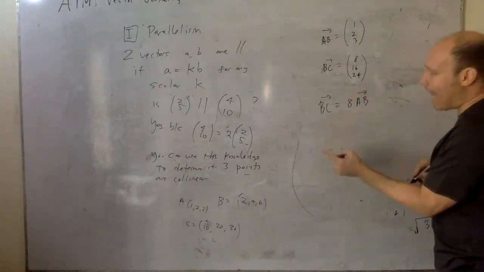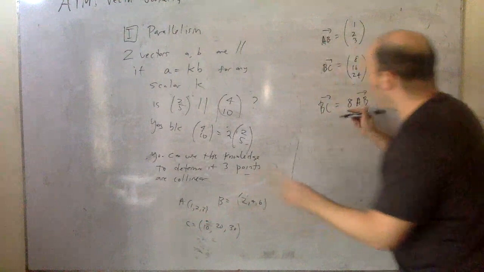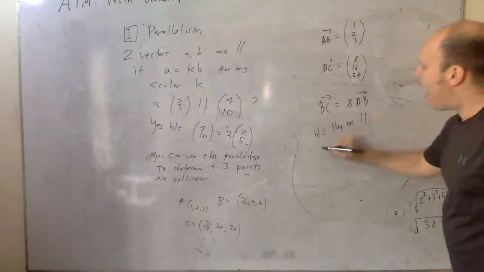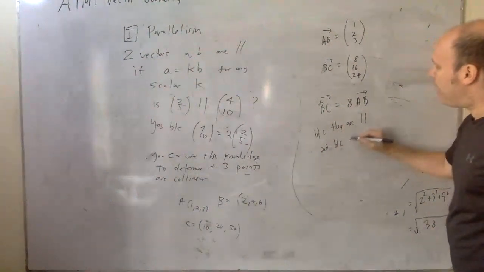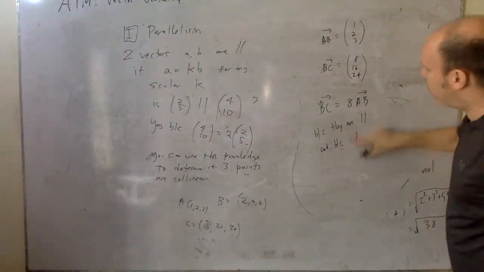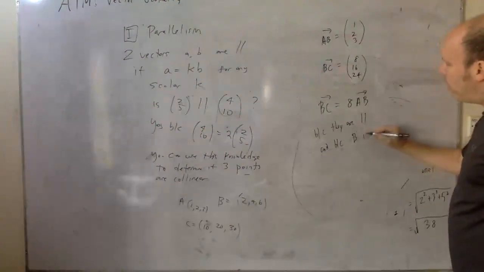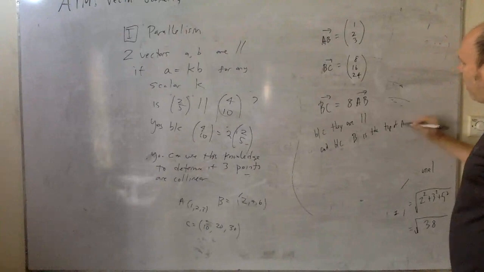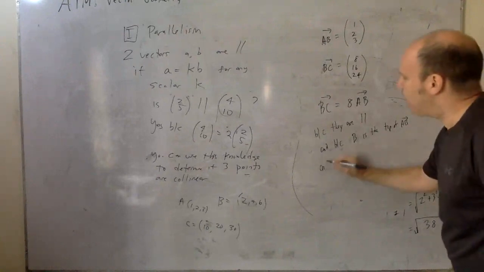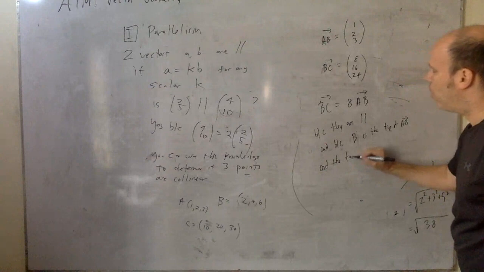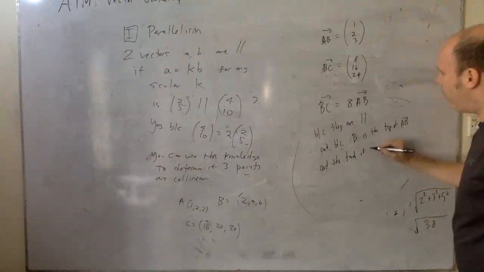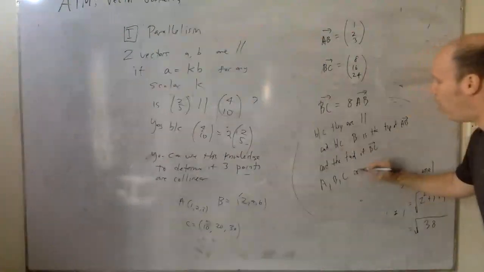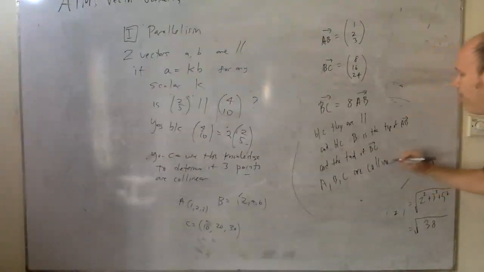So because they are parallel, and because B is the tip of AB and the tail of BC, A, B, and C are collinear.